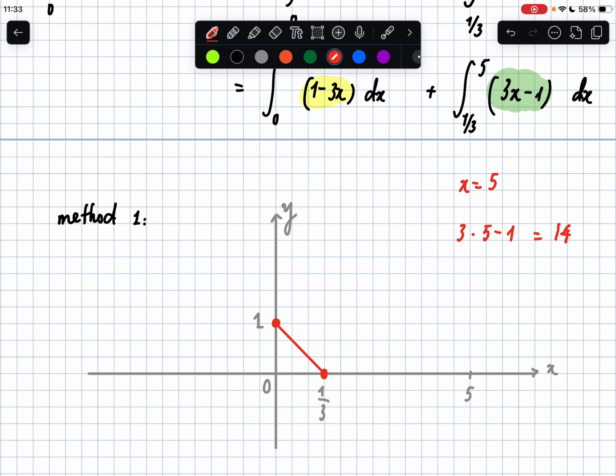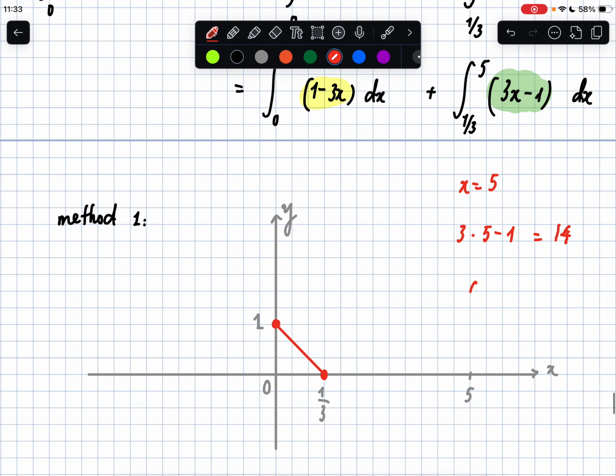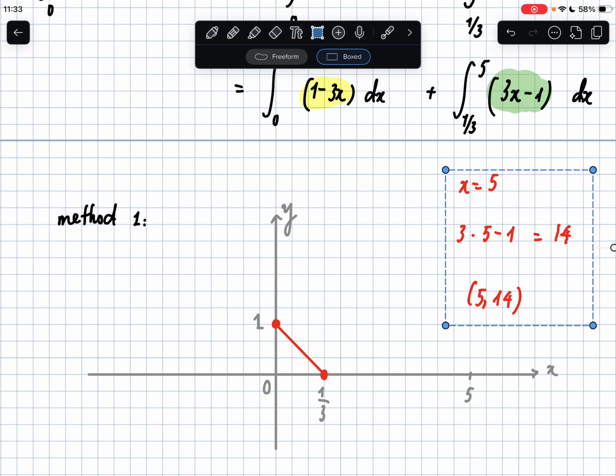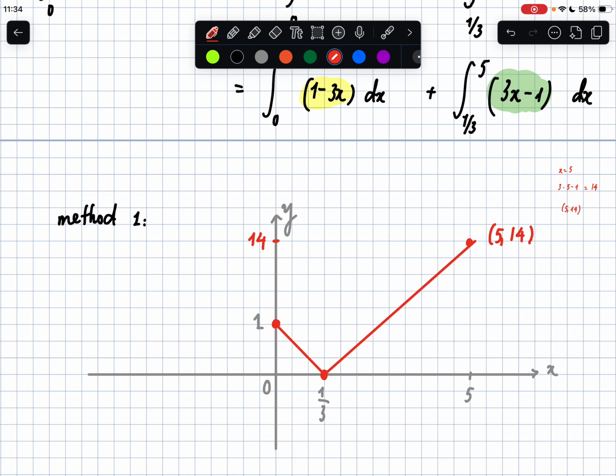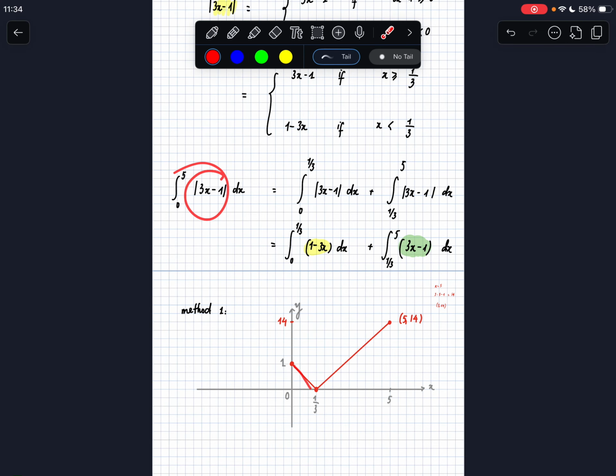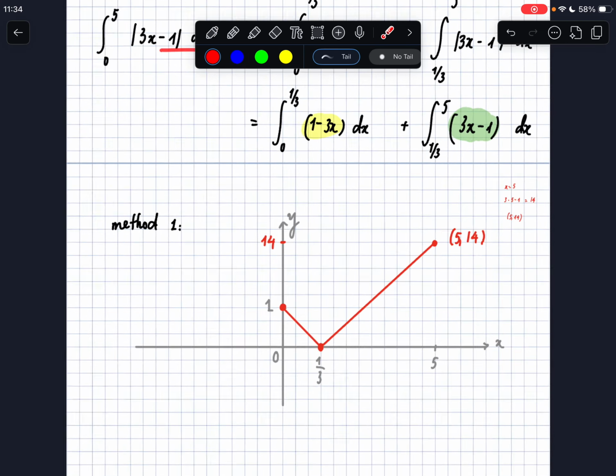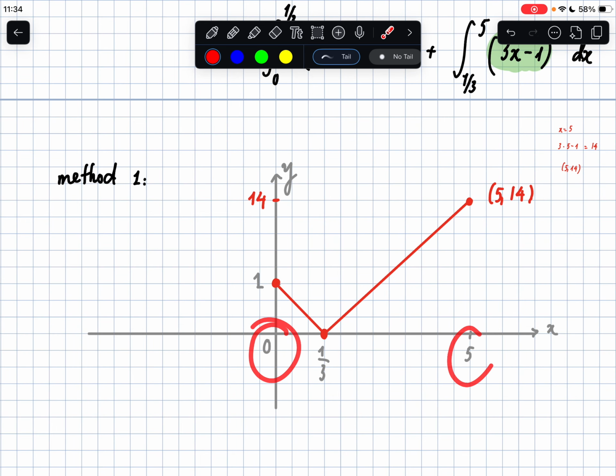So it is passing through (5, 14). So I can draw the line passing through this point and (5, 14). Let's pretend that 14 is here. So (5, 14) is this point. So here's a graph of the absolute value of 3x minus 1 when x is between 0 and 5.